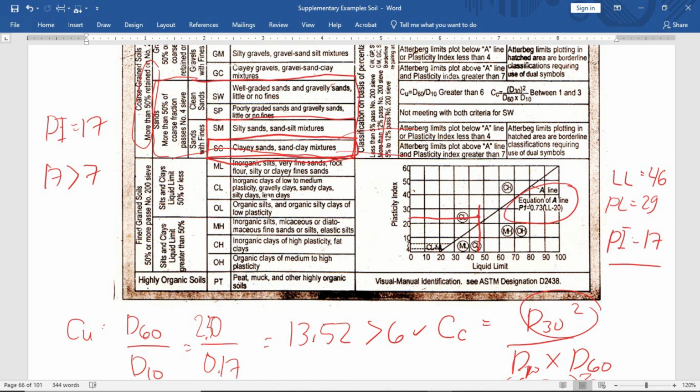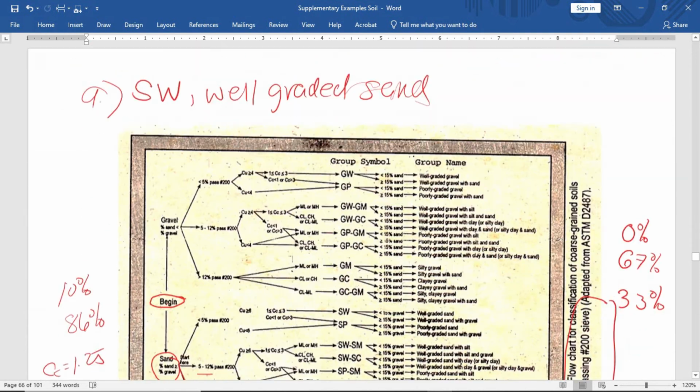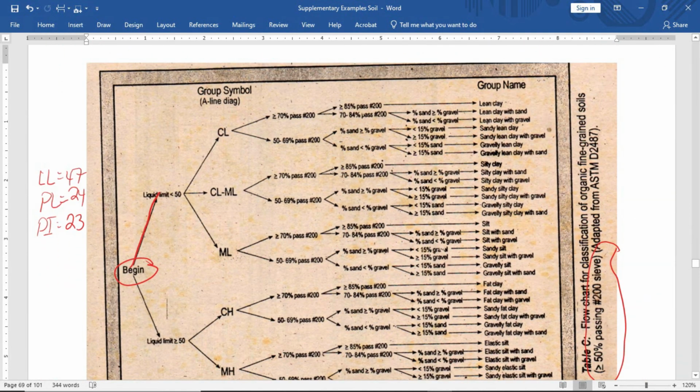So, above siya ng equation. So, nag-ano siya sa CL. CL yung gagamitin natin. Puntahan lang ulit natin yung CL. So, CL na tayo.